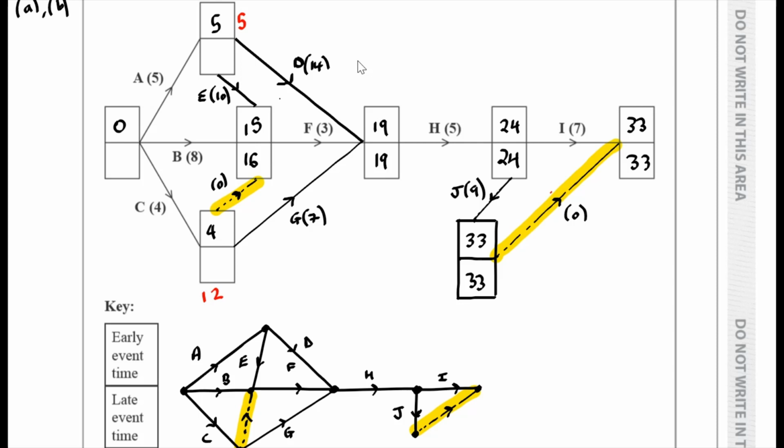Now 16 take away 0, that's 16. So out of the 12 and the 16, we choose the smaller one, sorry, which is 12. Hopefully that makes sense so far. And then 12 take away 4, that's 8.